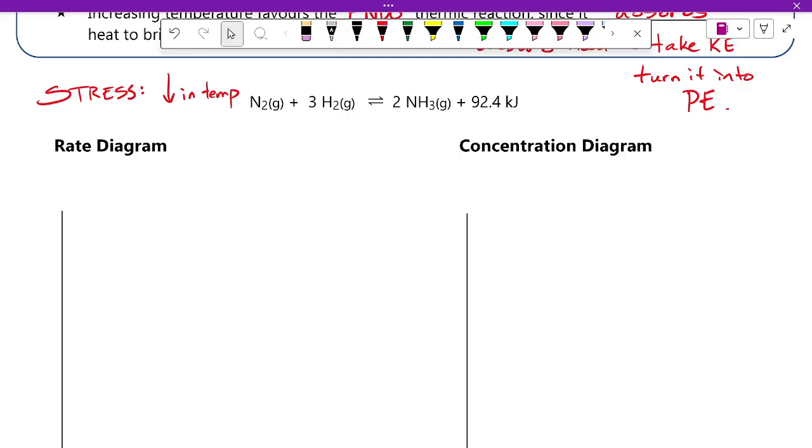Concentration factor on time you go. Like, yeah. But that's fine.